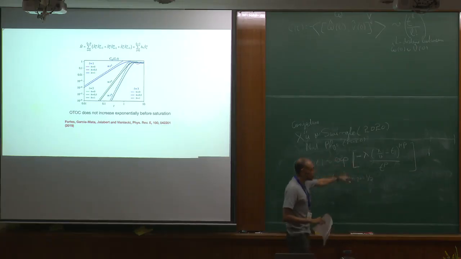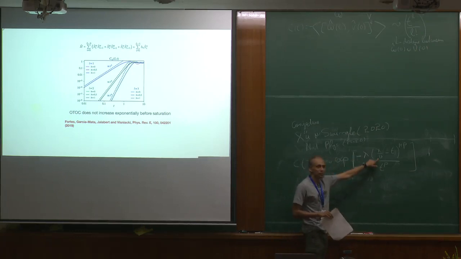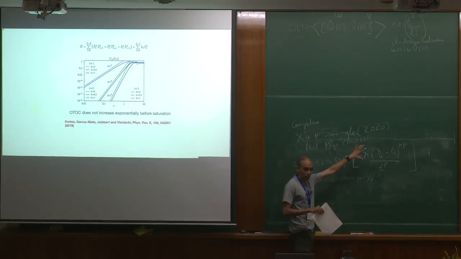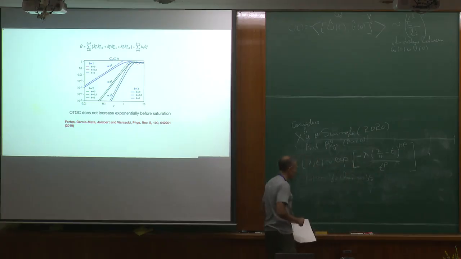And so now you can see two things here. So one thing which you can see is that there is a v here which is like a velocity. So this OTOC has an implicit velocity in here. There is ballistic propagation in this form of the OTOC.